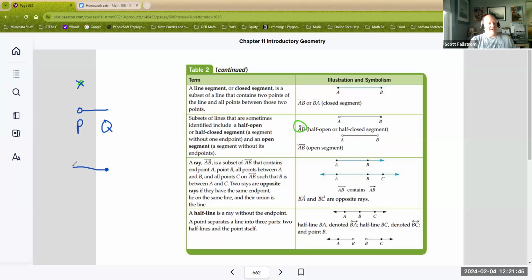But if I go back here, it's not including P. Okay. So there it is. But all the points between P and Q are still included. Okay. And you can have an open circle on one end. It means it does not include P, and a closed on the other. That's what it looks like right up here. Or you can have open circles on both. You could have closed then open, or open then open. Just what you want to include. Okay.